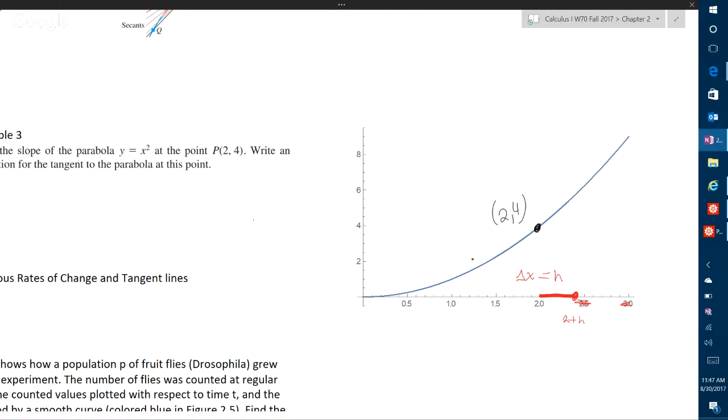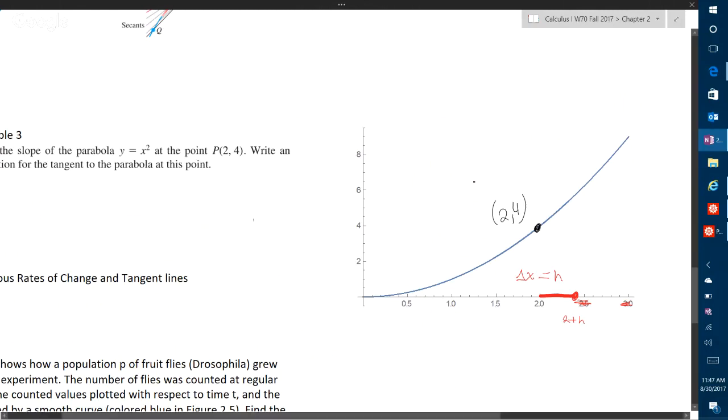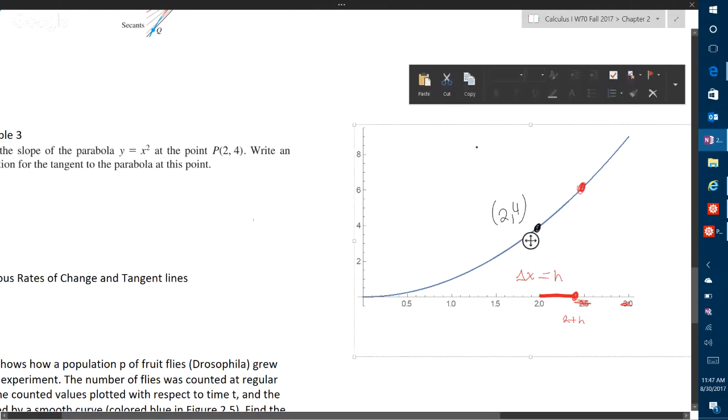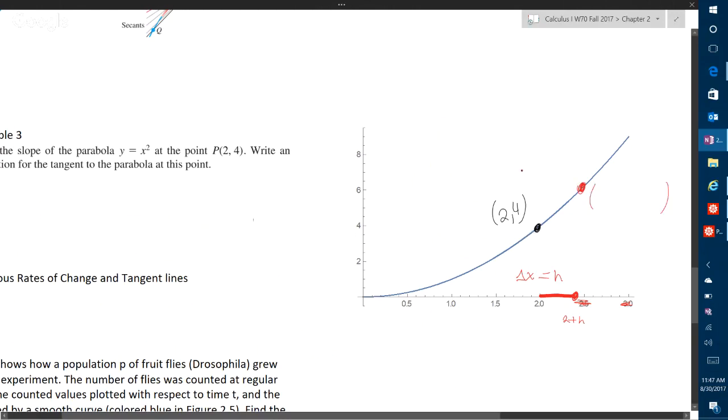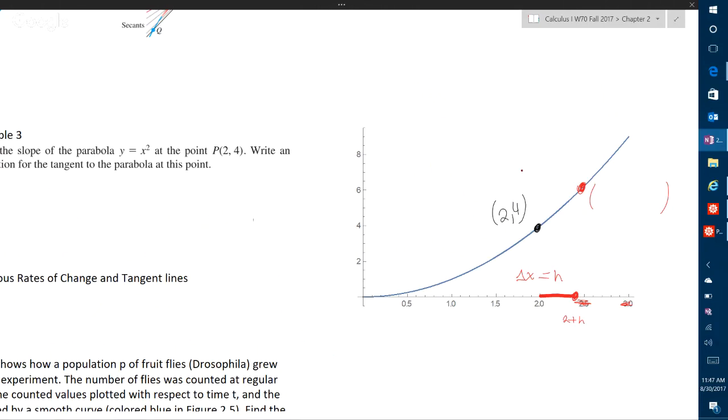It'd be 2 plus h. You guys follow me there? All right, so that means this point up here, and that coordinate has to have an x component and a y component. What would I write down for the x component? Yeah, the x component would be 2 plus h.